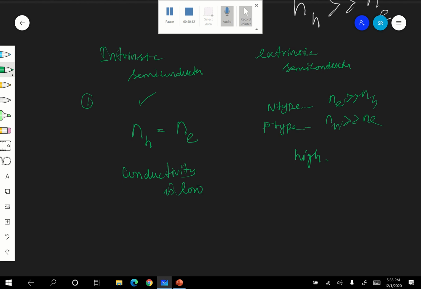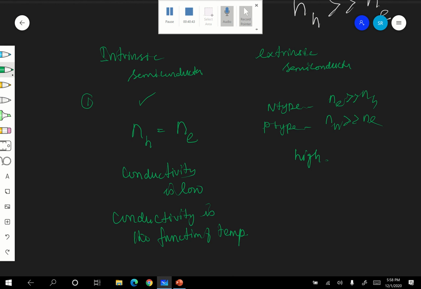Next one, very important. In intrinsic semiconductor, electrical conductivity is a function of temperature only. But here, apart from temperature, of course, conductivity depends on temperature. More the temperature, more will be the number of electrons jumping from valence to conduction.